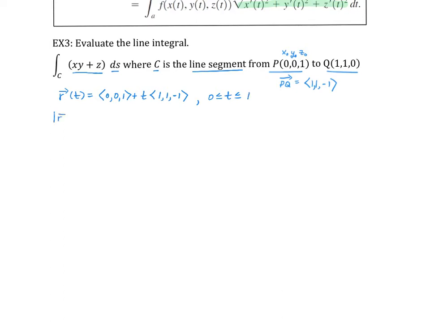Now the magnitude of the derivative, I'll figure that out first. Well, this is weird because I have my line written in terms of two vectors. So it makes sense for me now to combine this to be the single vector t, t, 1 minus t.